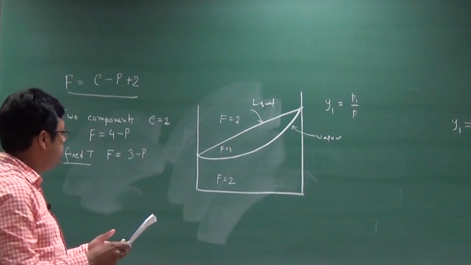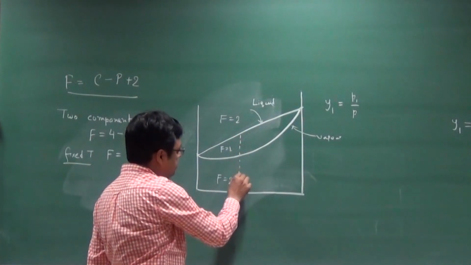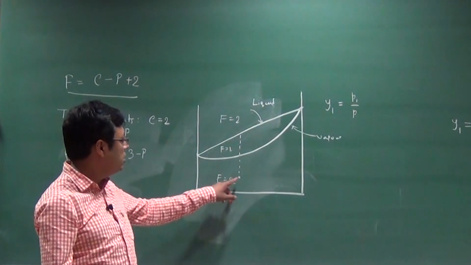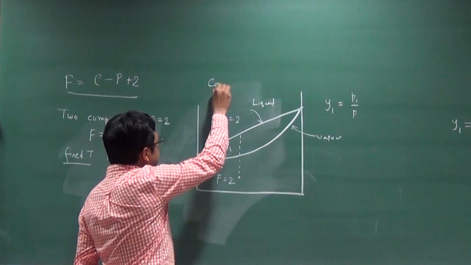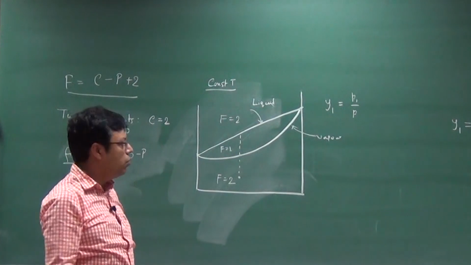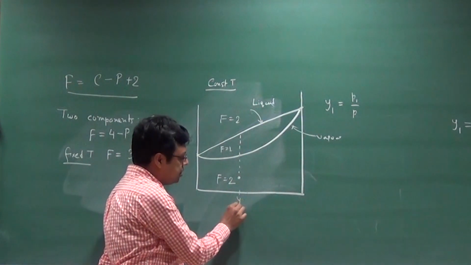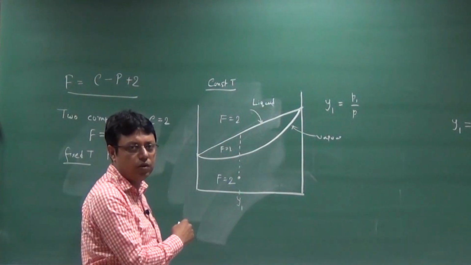Now, just take an example. Suppose we start from here. Say I start from gas, and I'm increasing the pressure at constant temperature, of course. Temperature is fixed. Now what will happen? Suppose this is some composition, which is basically Y1, because I am starting from the vapor composition.